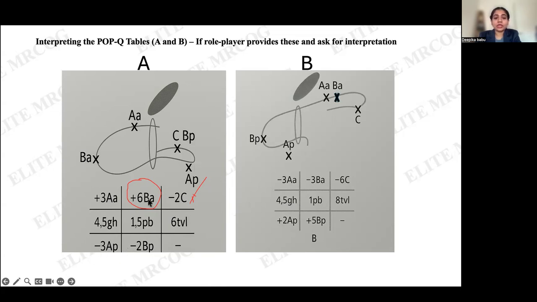Next, is this +6 more than +1 or less than +1? It is definitely more than +1, correct? Yes, ma'am. So when it is more than +1, it is either stage 3 or stage 4. We only have to differentiate between 3 and 4 now. How are we going to differentiate? You need to look at the total vaginal length. The total vaginal length here is 6.